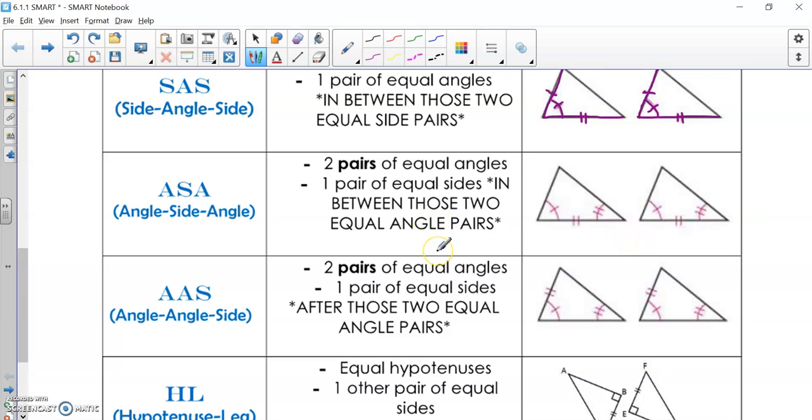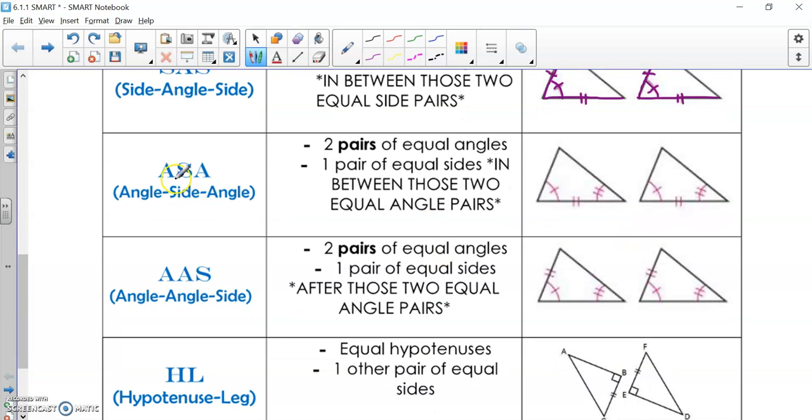And what's really important is that ASA and AAS both have the same letters, right? We have 2 A's and 1 S, 2 A's and 1 S. But the order is what differentiates them. So in ASA, it goes angle, then side, then angle. But in AAS, you can see that there's an angle, then comes the third part, which is the side.